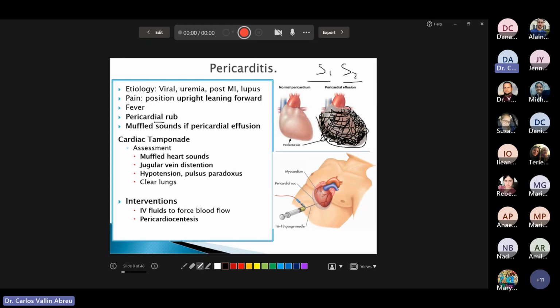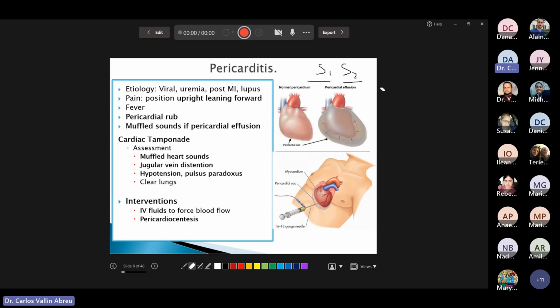Very muffled sounds. So now that the liquid starts accumulating, this is called pericardial effusion. When the liquid starts accumulating, the sounds will diminish.